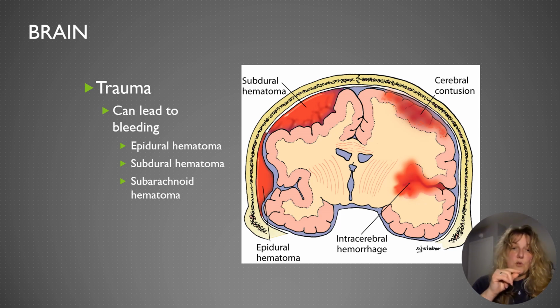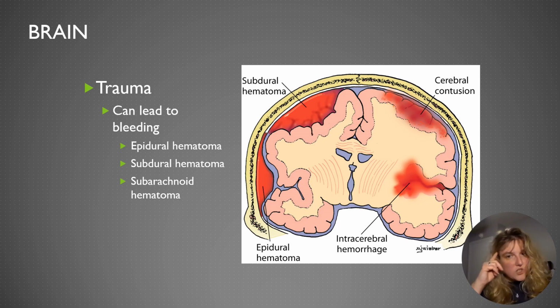So an epidural bleed, anytime you hear epidural, I want you to think that is a fast arterial bleed. Epidural bleed is a fast arterial bleed. Subdurals are venous. Epidural arterial, subdural venous.